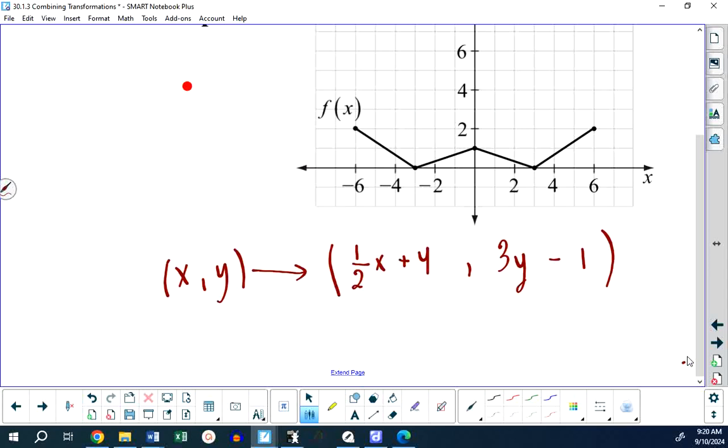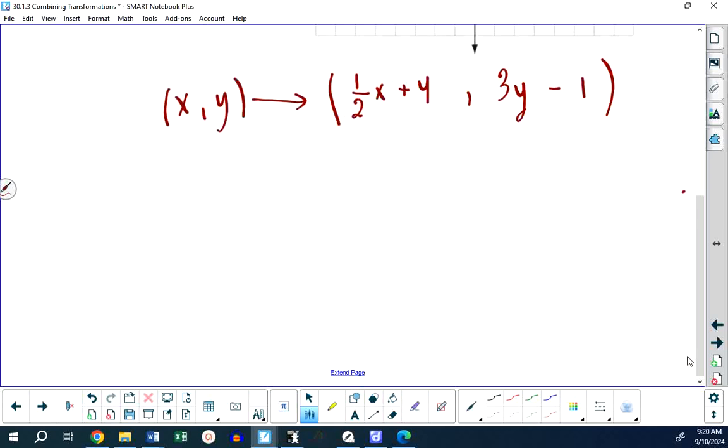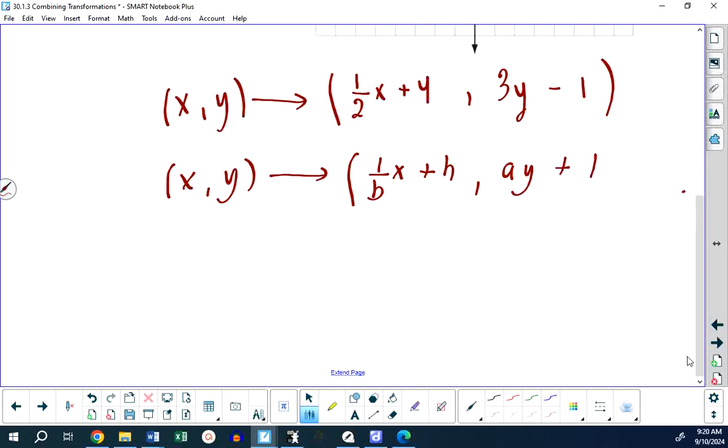So that's the mapping. And before we finish this problem off by looking at doing it in one step, really what the mapping is going to be will be 1 over b times x plus h, comma, a y plus k. Always.